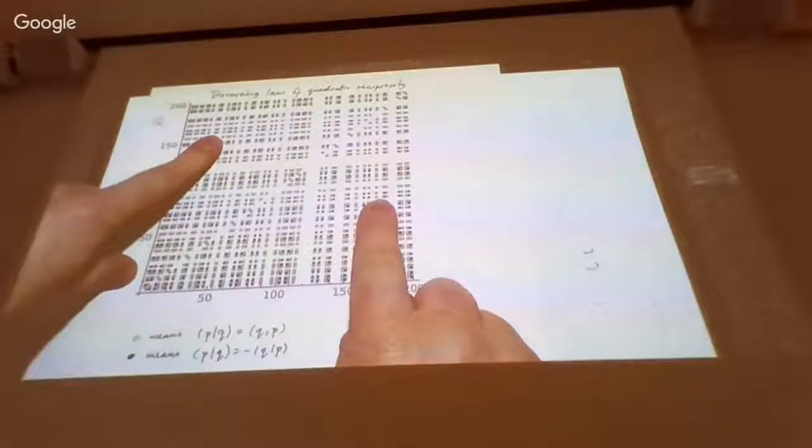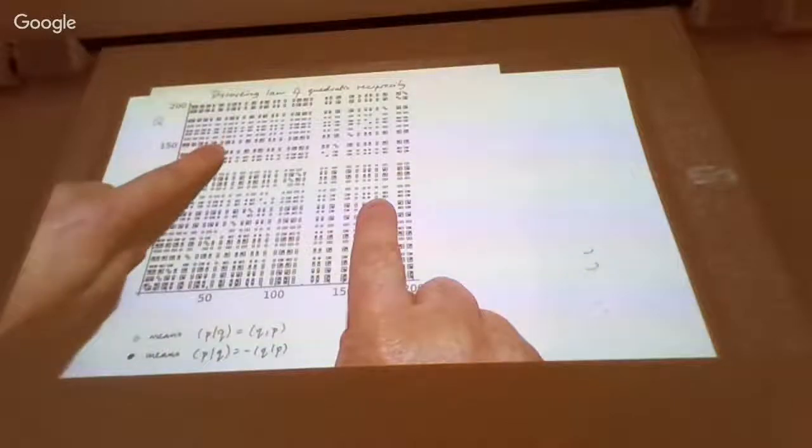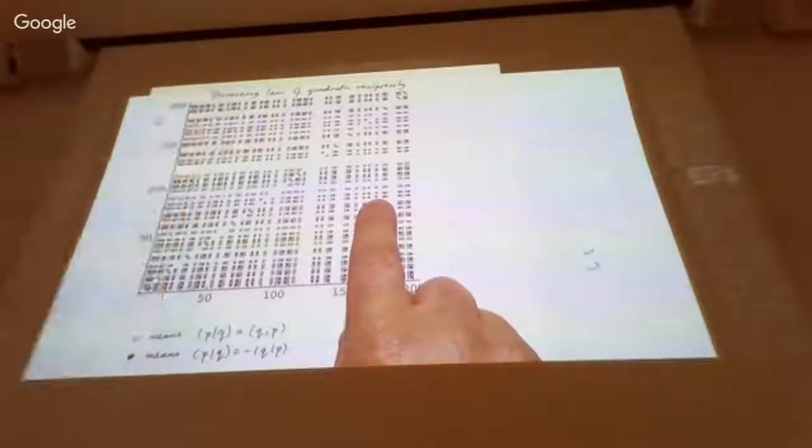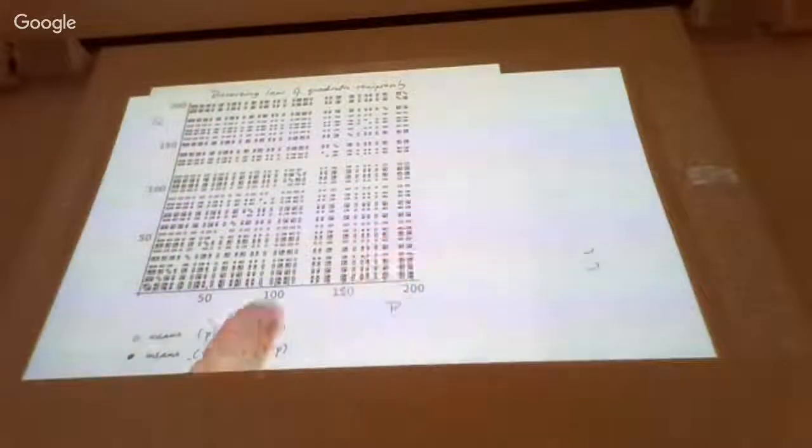So if it's a white dot at any certain location, it means that PQ has the same status as QP. If P is a quadratic residue mod Q, then Q is a quadratic residue mod P. Or they're both non-residues. They're either both residues mod each other or both non-residues.